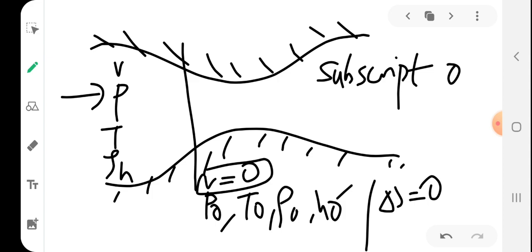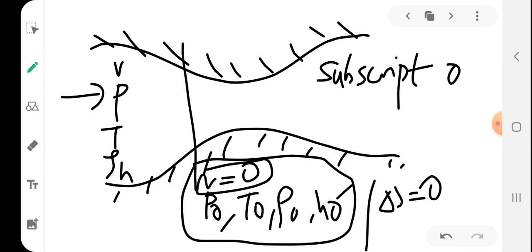Alternatively, it can also be defined as the static state from which a fluid must be accelerated isentropically in order to attain the actual state. So I can also define that the stagnation state is that state from which you can accelerate isentropically to get the actual state.